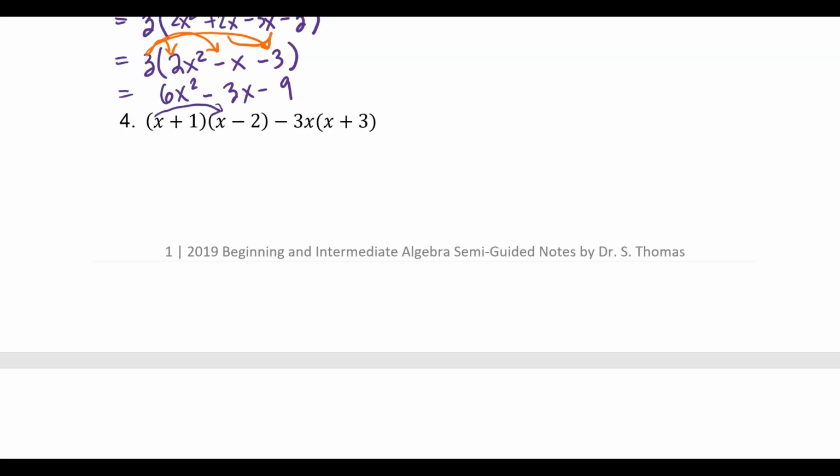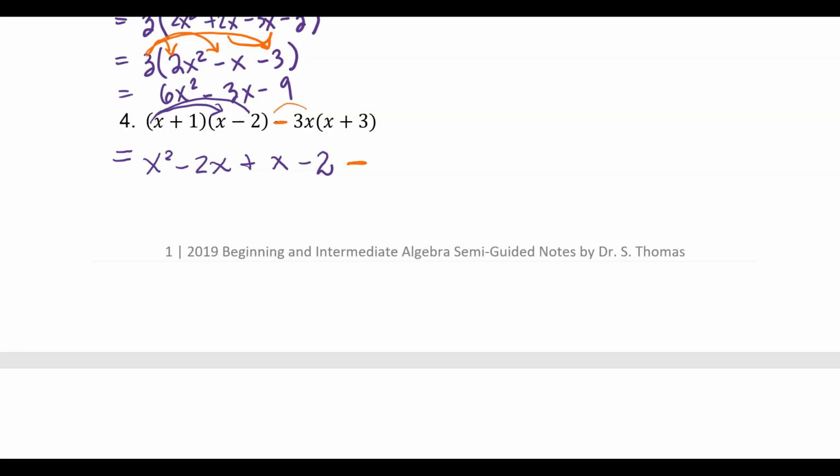So we're going to FOIL, since that is a binomial times a binomial. So that becomes x squared minus 2x plus 1x minus 2. Now here we go with this minus sign here.